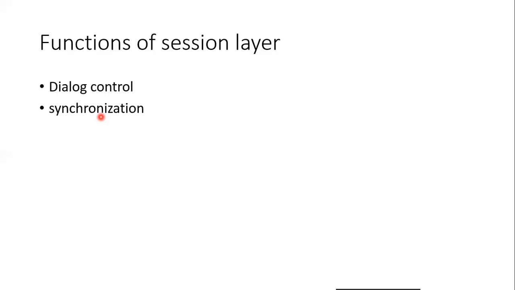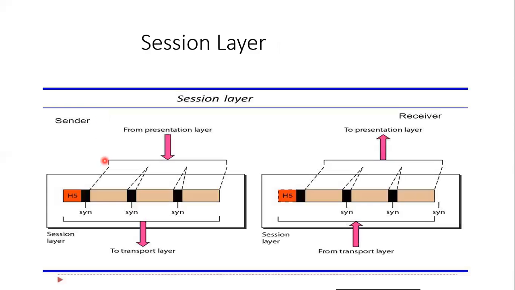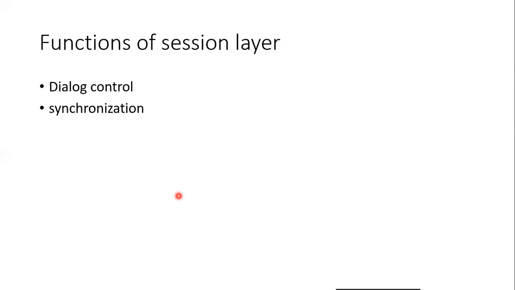This layer allows a process to add checkpoints or synchronization points. For example, suppose a system sends a file whose size is 2000 pages.